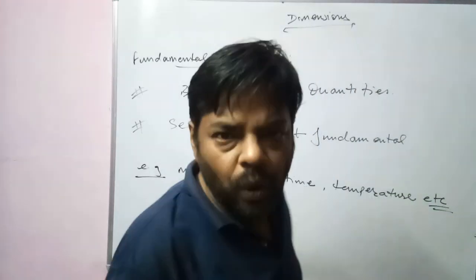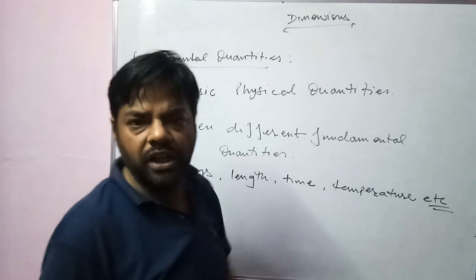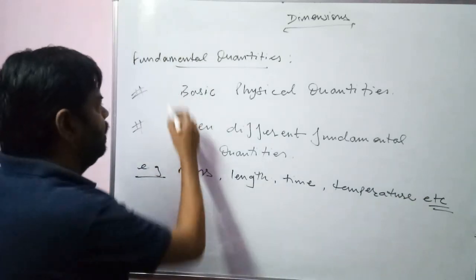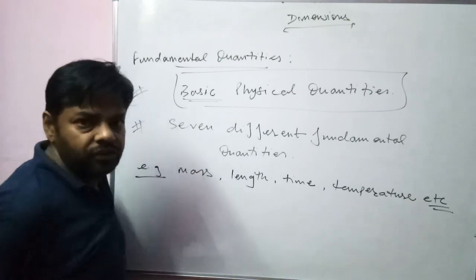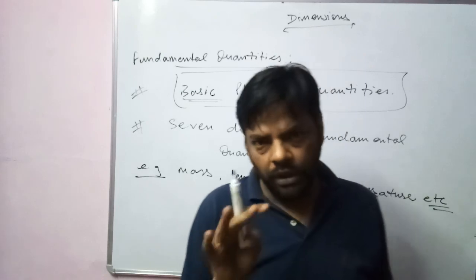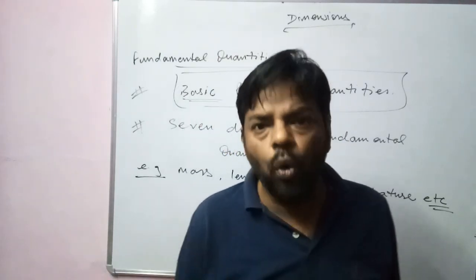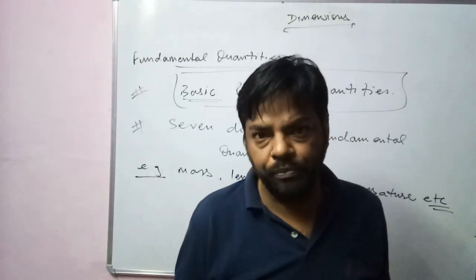So, fundamental quantities, what are they? They are the basic physical quantities. By the term basic physical quantities, I want to say that these quantities do not involve any other physical quantity for their definition.